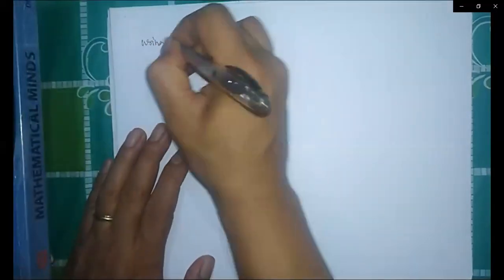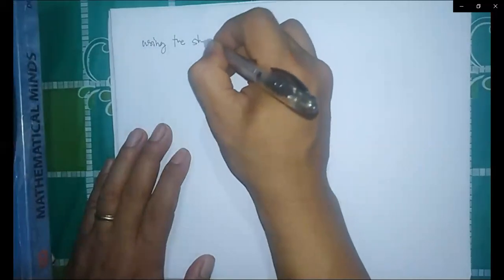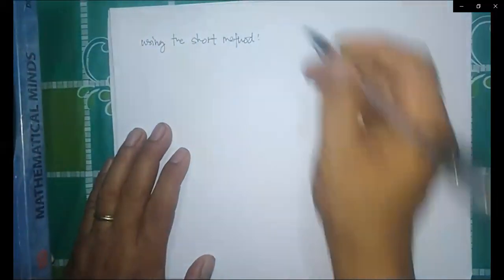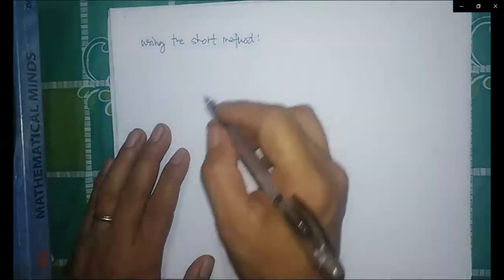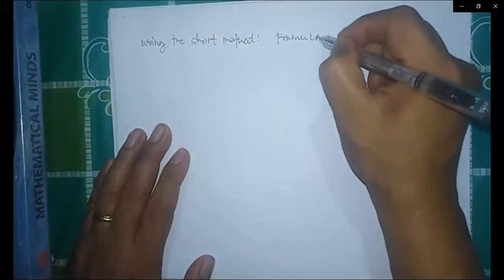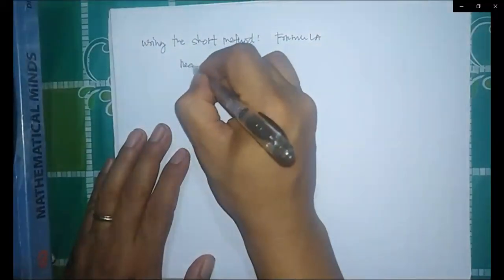Now, we will solve the same problem using the short method. What do I mean by the short method? The short method is actually using the formula. So you need to recall all the formulas that I'm writing here.